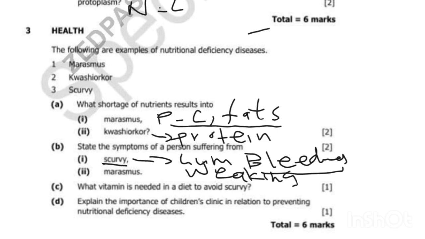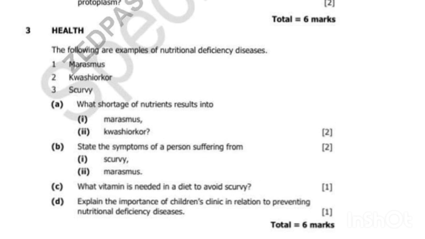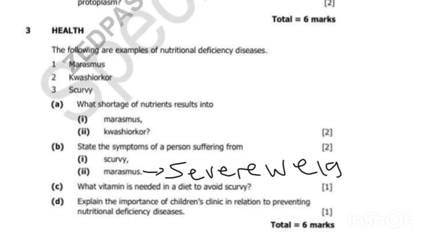So we are only told to answer one. Then for marasmus, the main symptom, imagine the person is not getting enough macronutrients. It's severe weight loss. This is the main symptom that we see in people with marasmus.